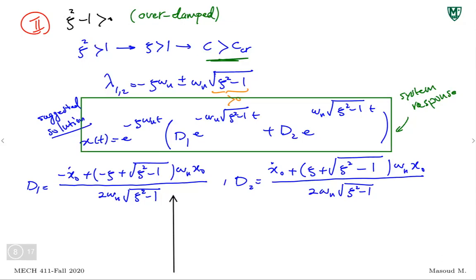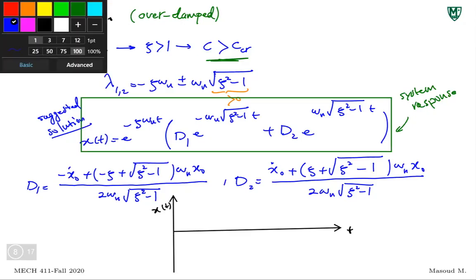Let's say I have this, and I have this. I just want to plot the system response for some examples. So x(t), and this is t, time. I'm going to plot it in a color that we haven't used.